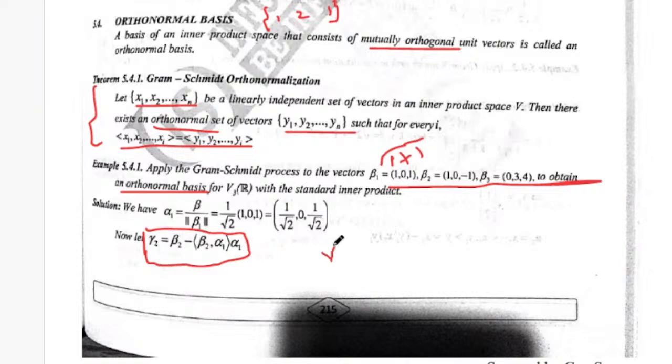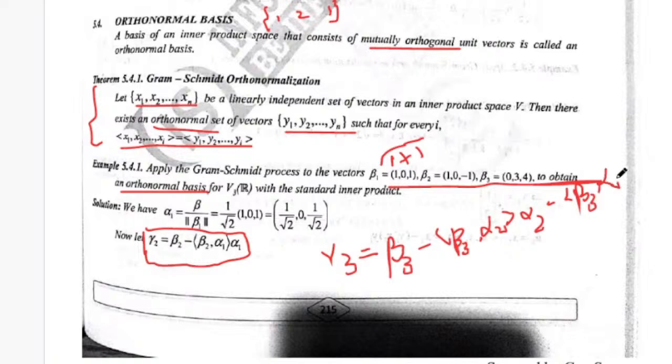For gamma 3 it will be beta 3 minus inner product of beta 3, alpha 2 into alpha 2, minus inner product of beta 3 comma alpha 1 into alpha 1.